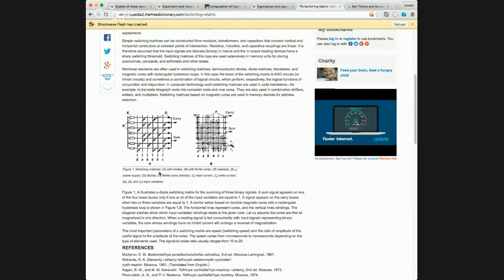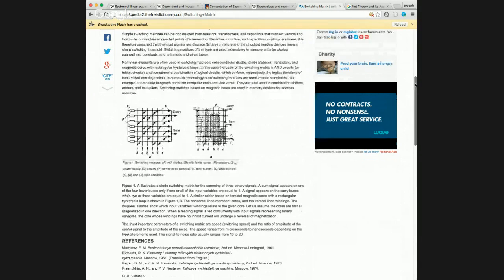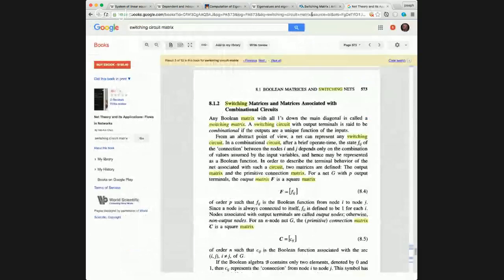And this is the background that Warfield had. Switching matrices, diodes, cores, resistors. So the switching algebra and switching matrices are different than working with a series of equations. And we can look here at network theory. Switching matrices associated with combinatorial circuits.